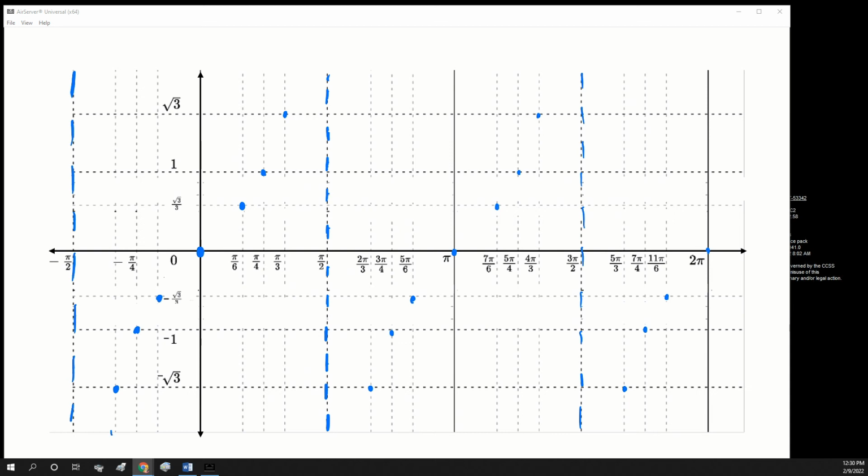So if we connected these points, that is one period of tangent. So we're going to have 2.5 periods graphed on this paper.